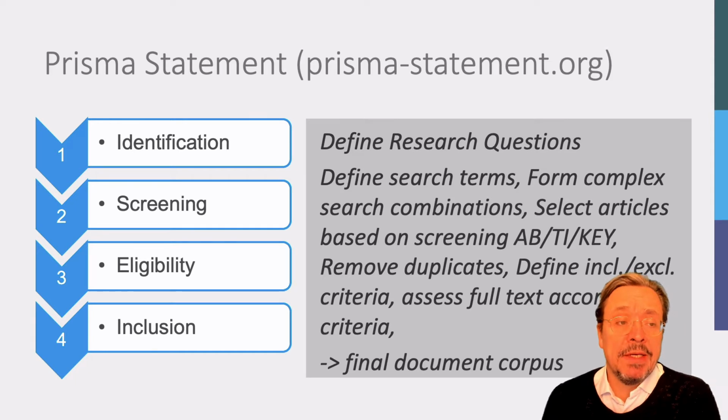So a general statement we use in a lot of our work is the PRISMA statement. I can really recommend this approach, which is a four-phased model for a literature review.